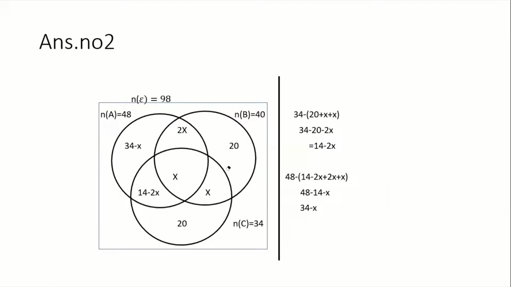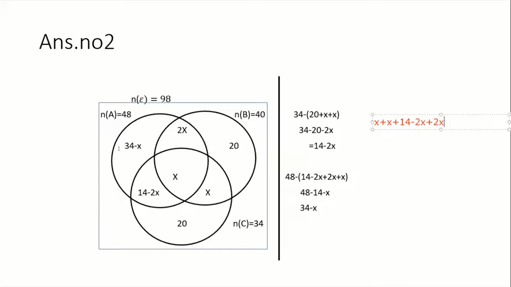So since we have filled in our Venn diagram, we shall go ahead and find our x. And that is to say, we shall start with x plus another x here. We have x plus x, then still plus 14 minus 2x here, then plus 2x. Now all our intersections are filled in. Like we have inputted them here.